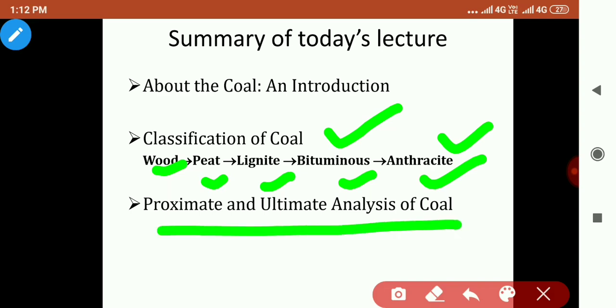And then analysis of coal we have considered today, which is considered in two ways: proximate analysis and ultimate analysis. Proximate analysis determines the moisture content, volatile matter, then ash, and finally fixed carbon, while ultimate analysis determines the percentage of carbon, hydrogen, nitrogen, sulfur, and finally oxygen content, and so on.